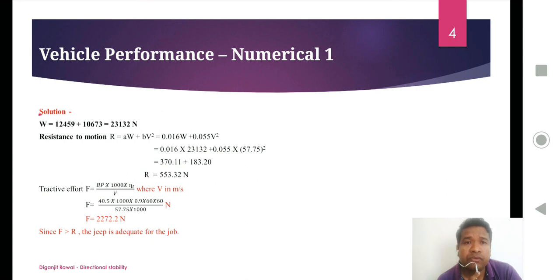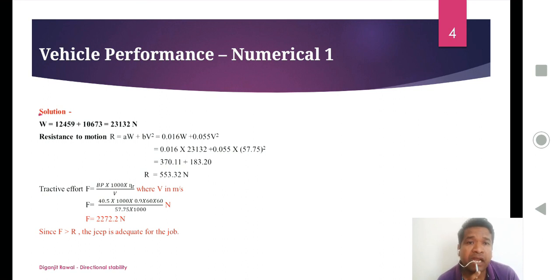We have the equation R is equal to aW plus bV square, which is equal to 0.016 W plus 0.055 V square. In this, we know the value of a and b, as well as the value of W and V. So putting these values, R is equal to 0.016 into 23,132 plus 0.055 into 57.75 whole square, okay, so V square.